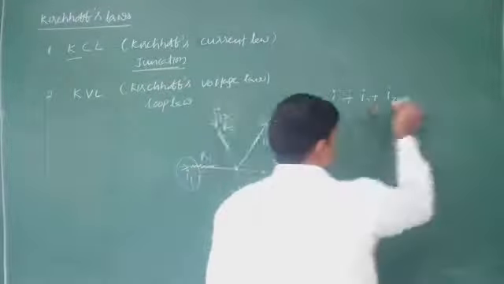If you learn by heart: when we move in the same direction as the current, it is the negative sign; when we move in the opposite direction, we take the positive sign. No need. If you go concept-wise, it becomes easy. This is the higher potential, this is the lower potential.